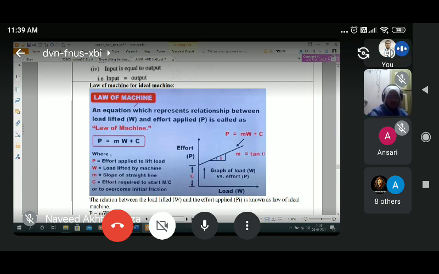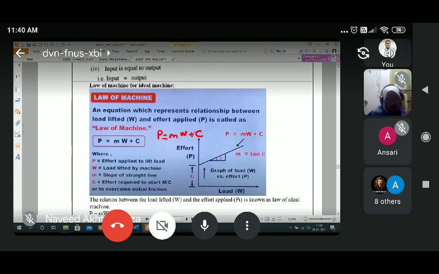Here you can see in the graph that the value of C is the constant, because to start the machine we need a certain effort to overcome the initial friction, and that value is C. So what is the law of machine? P is equal to mW plus C.